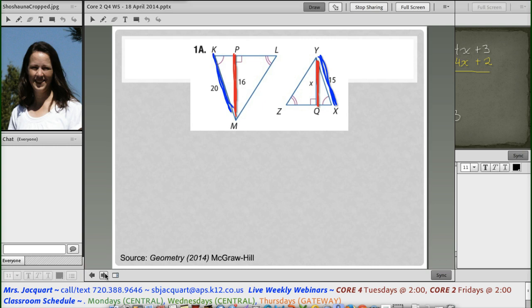So let's create our fractions. I'm going to do the big triangle first, over X equals big triangle first, over the smaller triangle. Cross multiply. I have no idea what that is. I think it's 100 times 80 is 140.